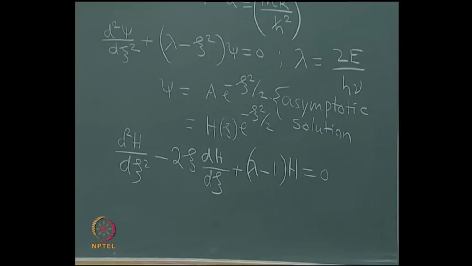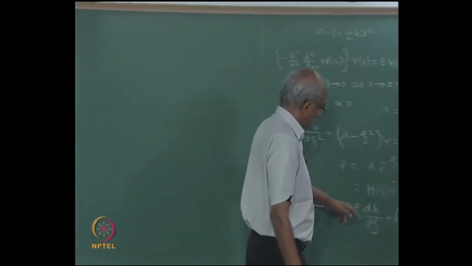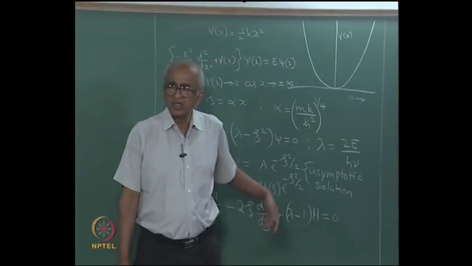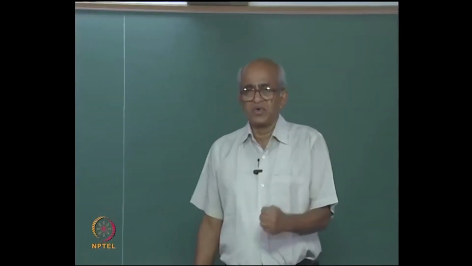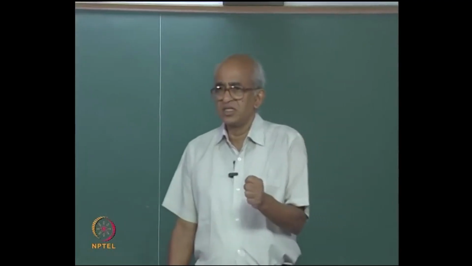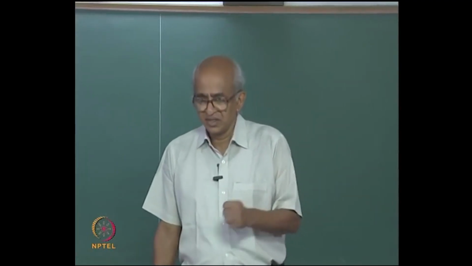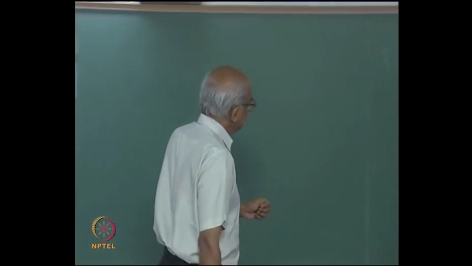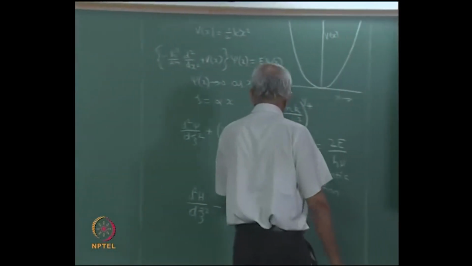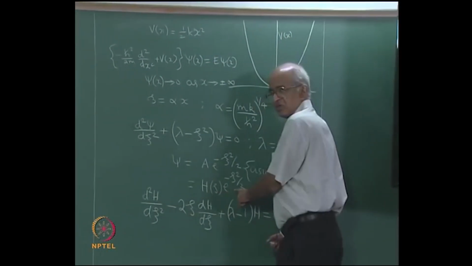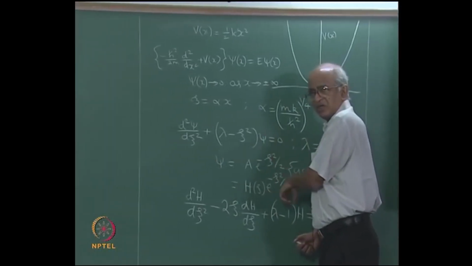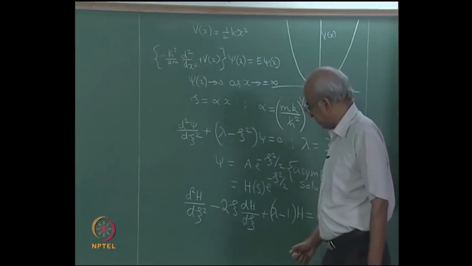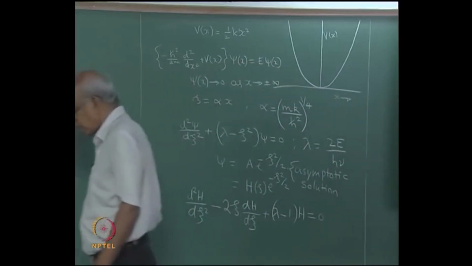And now the problem is I should solve this equation, and the question is how will I solve this equation. It is not only enough to solve the equation, but I have to ensure that the boundary conditions are satisfied. That means this function psi is equal to so much should approach 0 as c approaches either plus infinity or minus infinity. So, how will I solve this equation?